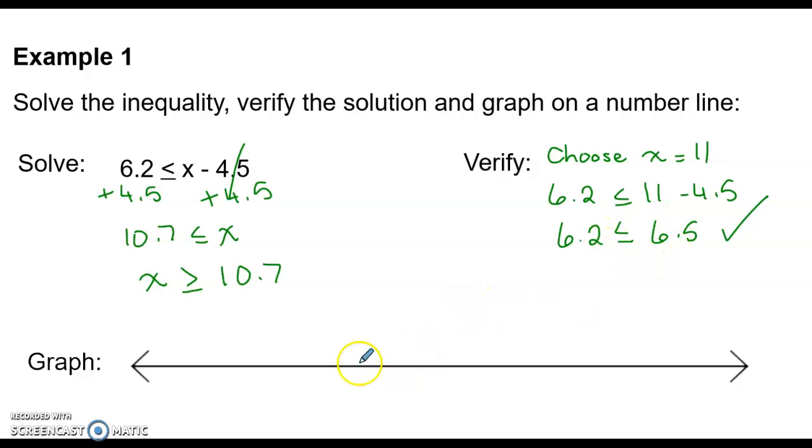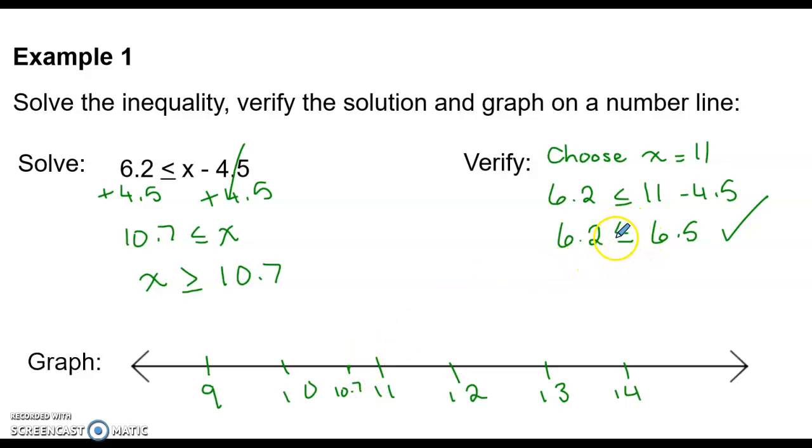I'm going to graph my solution, so I'm going to put numbers on my number line. And again, keep it straightforward. I know that 10.7 would be somewhere in between 10 and 11.